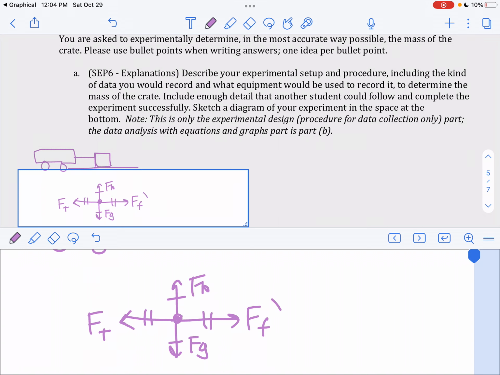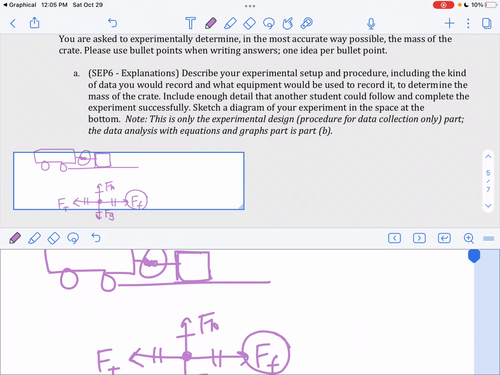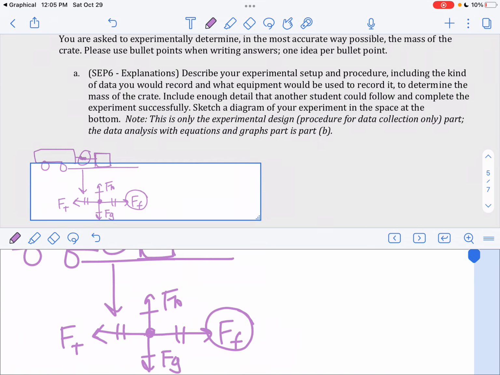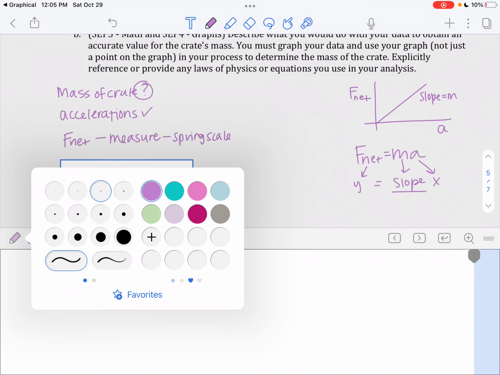So there must be some sort of force of friction. So if I put this spring scale right in the middle here, I'll be able to measure the force of tension. And so when I pull it at a constant speed, that means that FF is equal to FT.